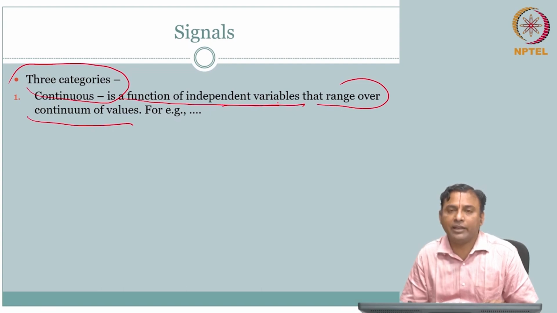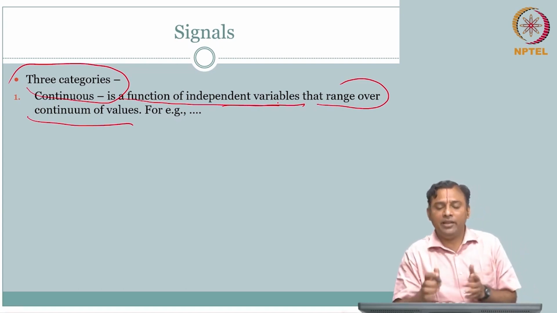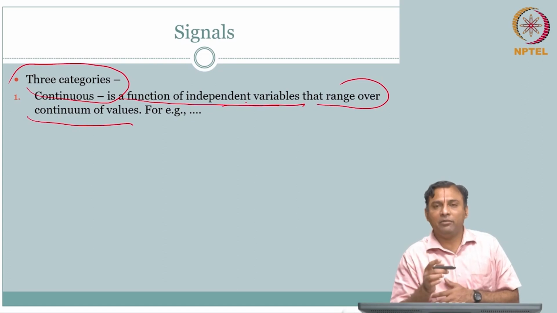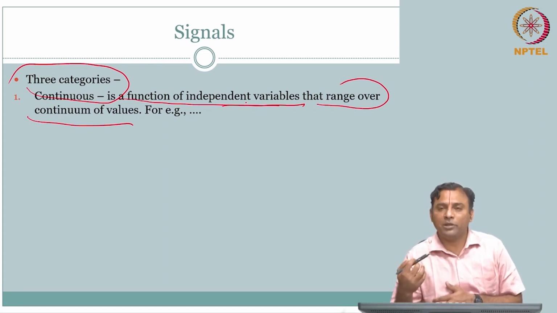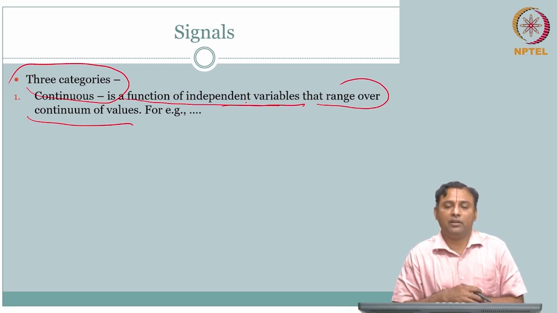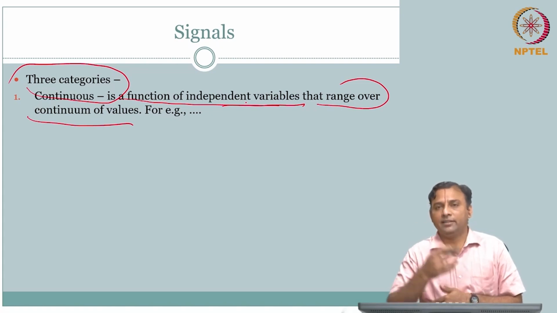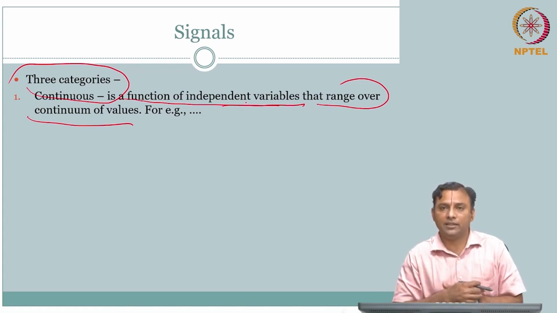However, in our case, what are we interested in? Even though mathematically it can be any one independent variable, and you are probably more comfortable with time as your variable, now we are interested in 2D signals or 3D signals. So let's take 2D signals.